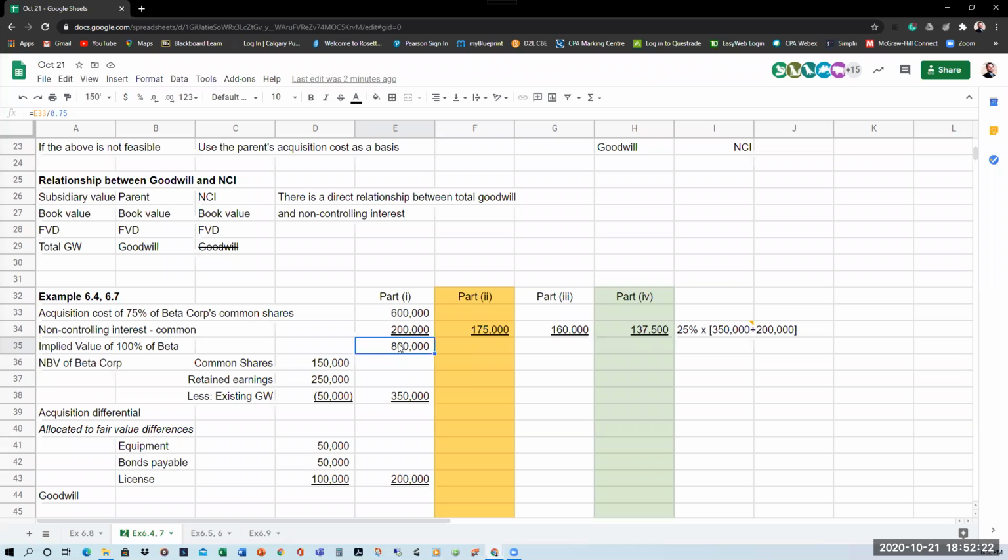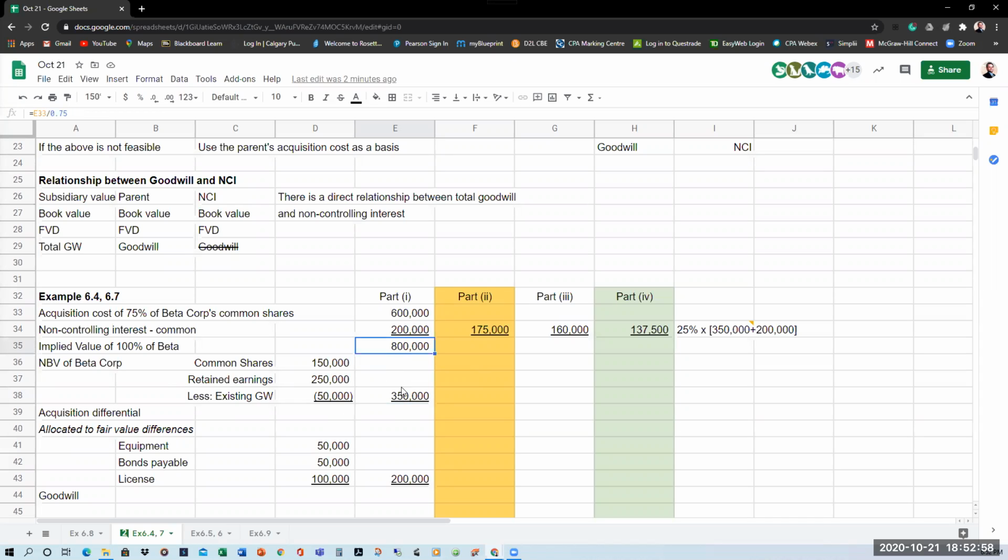So when Alpha Limited got control over Beta, even though Alpha Limited only bought 75% of Beta, Alpha Limited controls 100% of Beta. And under part 1, we determined the value of Beta Corp to be $800,000. So what does that mean? That $800,000 valuation is embodied in the form of $350,000 net book value.